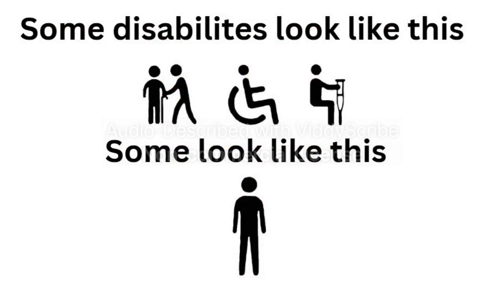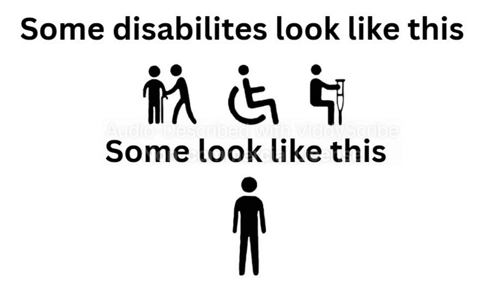Some disabilities look like this. Below are icons of a person with a cane, a wheelchair user, and a person with crutches. Digital accessibility underscores the importance and relevance of disability in our lives. When we create accessible digital spaces, we all benefit.